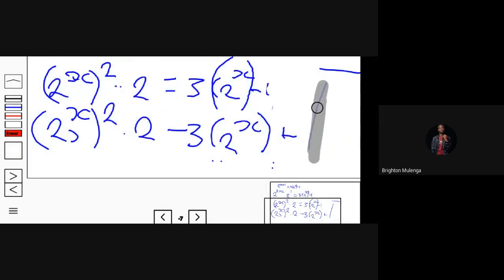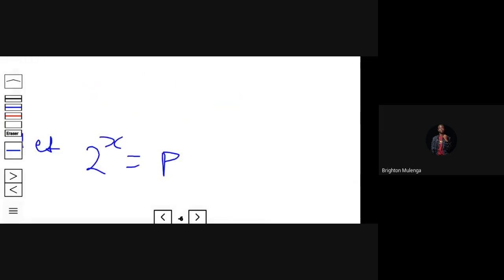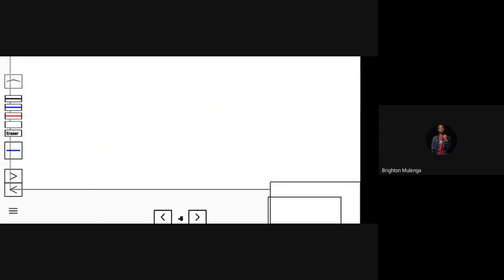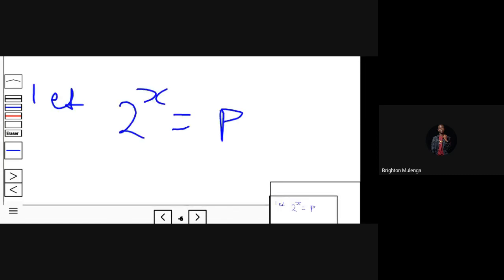Then from there, we can say let 2 to the power x equal to any letter, even p. Then replace whatever we've got as 2 to the power x with p.